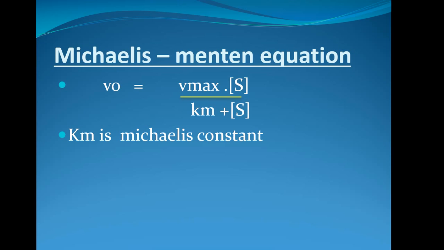They have derived an equation: V0, the initial velocity, is equal to Vmax into substrate concentration divided by Km plus substrate concentration. This is the formula used to calculate the velocity of the reaction.